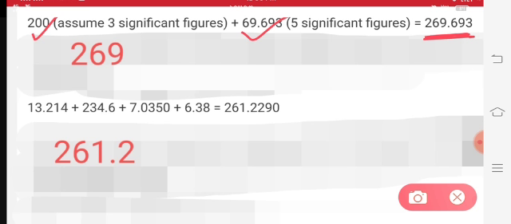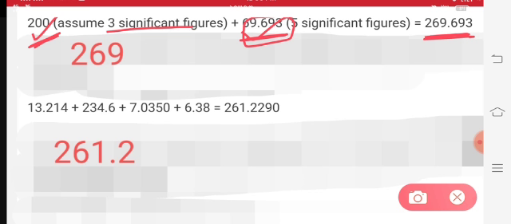We will notice that the number 200 has 3 significant figures while this decimal number has 5 significant figures. Now we notice that the decimal number has 3 decimal digits and 200 has none, so we will take the least decimal place, that is, none in the case of 200.